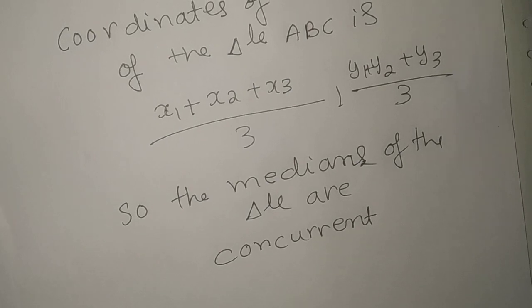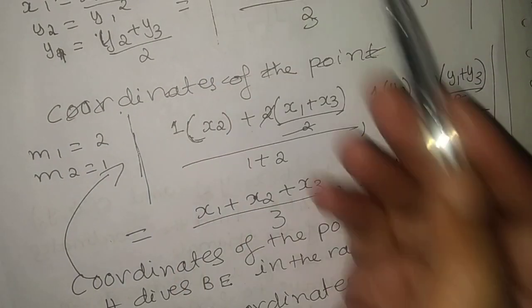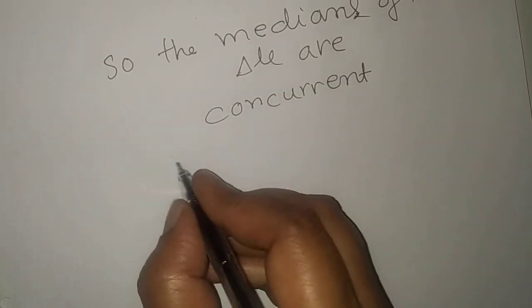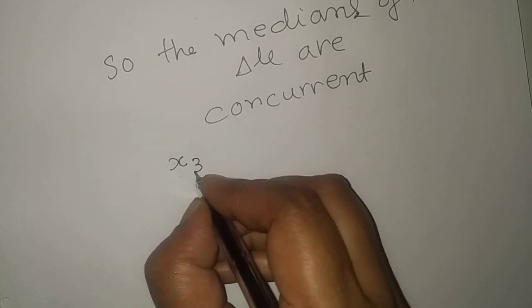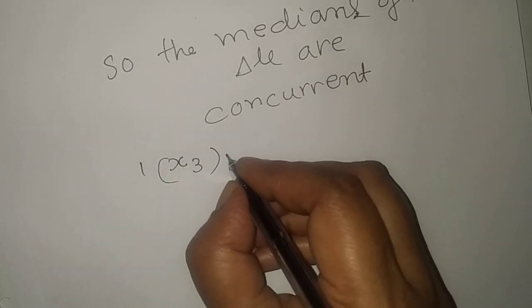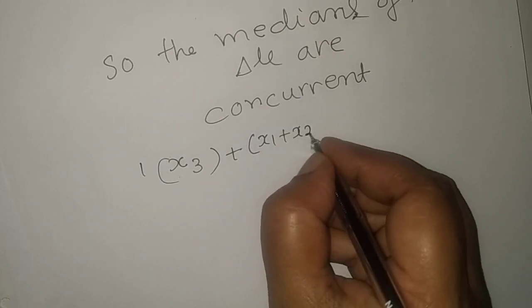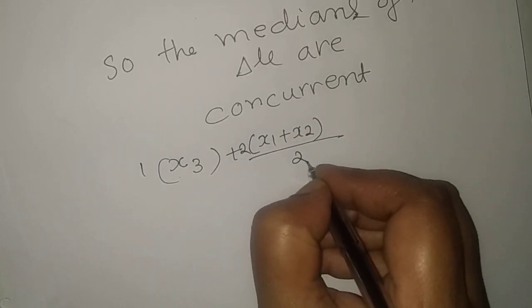So once we get one case, here we write x2, here we write x3 like this. Similarly we have to write like this. Another means x3 first, 1 plus, then x1 plus x2, 2 into divided by 2.